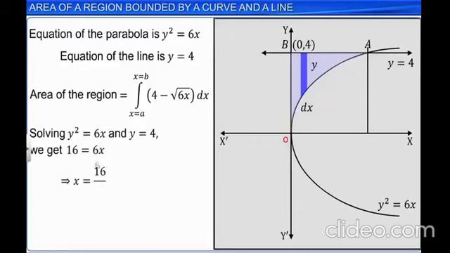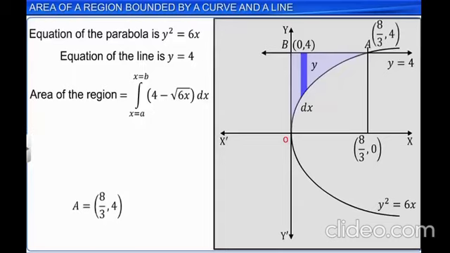Thus the area of the shaded region is given by the integral of (4 minus root 6x) dx from 0 to 8/3. The integration is performed as shown.